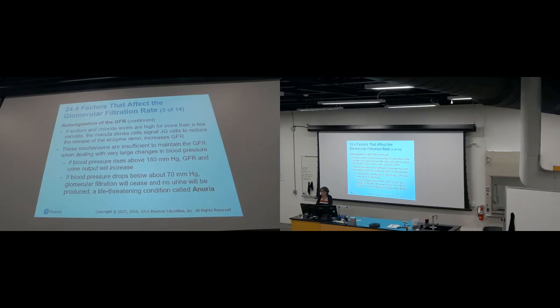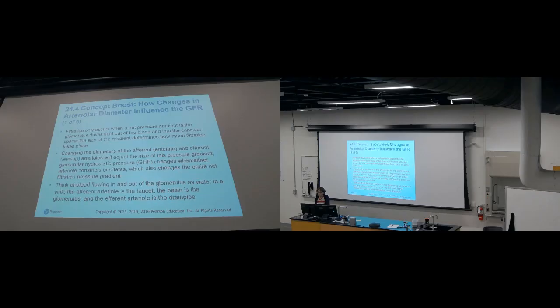And then the opposite is going to be true. Let's say that someone's blood pressure drops below 70 millimeters of mercury. In this case, you will have less blood supply going to your kidneys, of course, and then your glomerular filtration will be almost null. So you won't produce urine, and this is called anuria. And this is just to help to maintain the GFR.